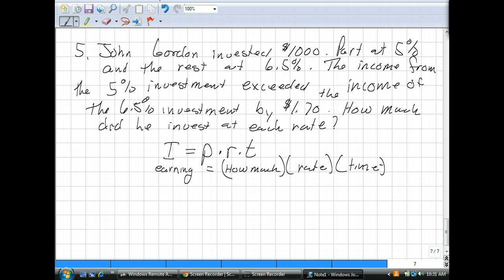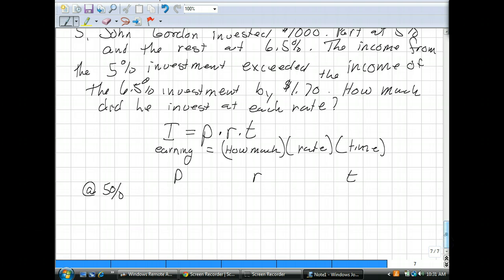Okay, so at 5%, we need to represent the principal, the rate, and the time. Now, this problem doesn't really talk about the time, so we're going to use 1 for time. We're going to say the principal is x, and the rate is 0.05, because 5% is 0.05.